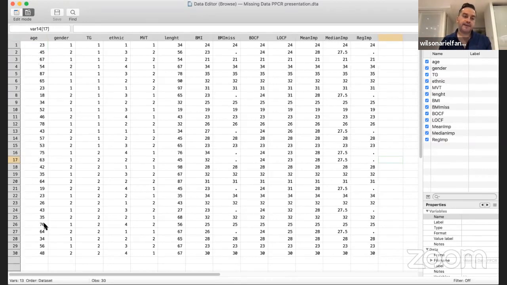So imagine the age of the 30 patients is here, and the gender, 1 for male, 2 for female. This is the treatment group, by the way: 1 for rivaroxaban, 2 for enoxaparin. Ethnic, so I decided to go for 4 categories. This is a categorical variable, so whatever the race is, it doesn't really matter.